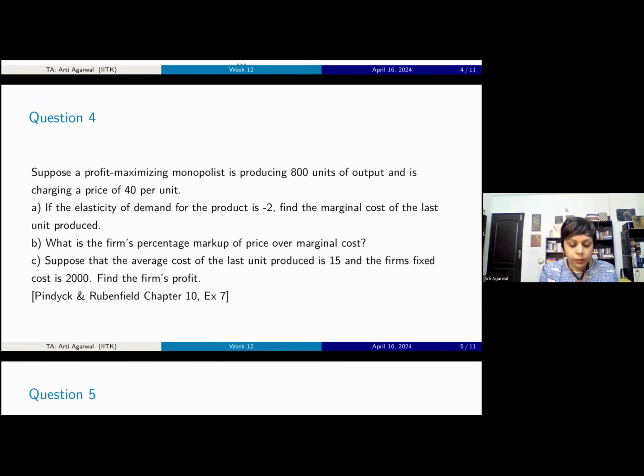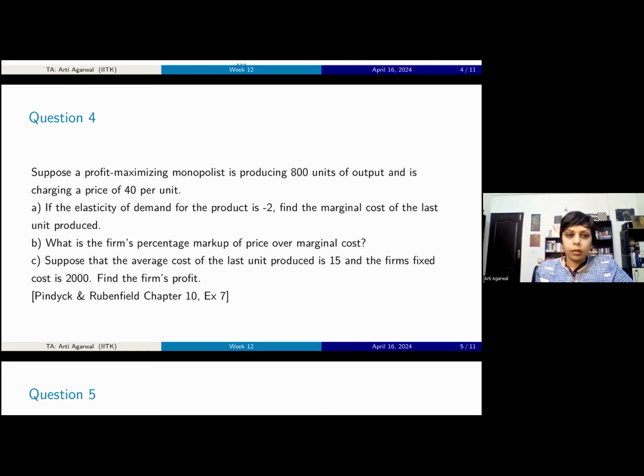Okay, so this is a slightly different question where we talk about the elasticity of demand. I'll give you a moment to go through the question and attempt it, and then we can discuss it. In this question, the profit maximizing output is 800, and the price is 400.